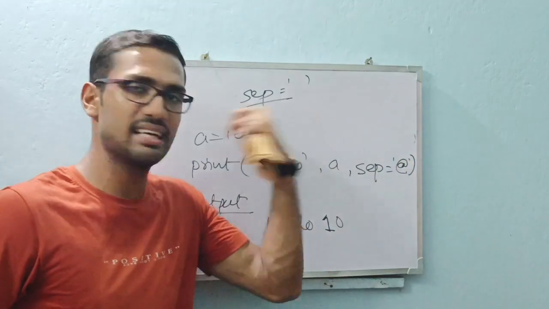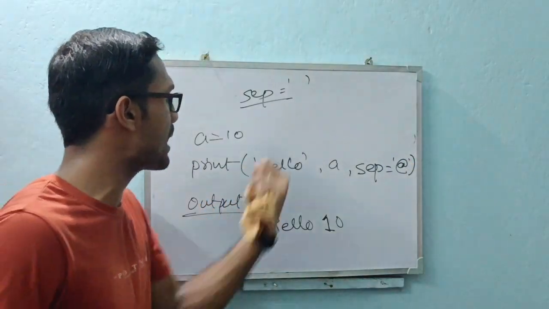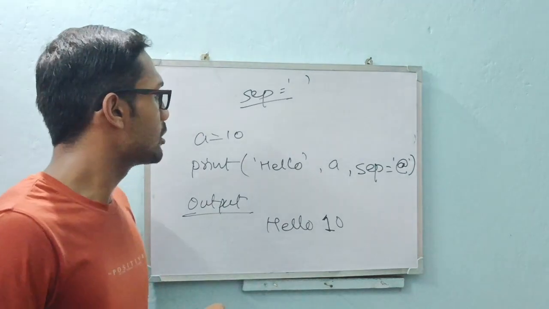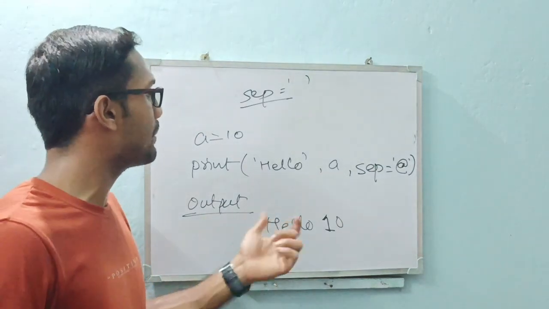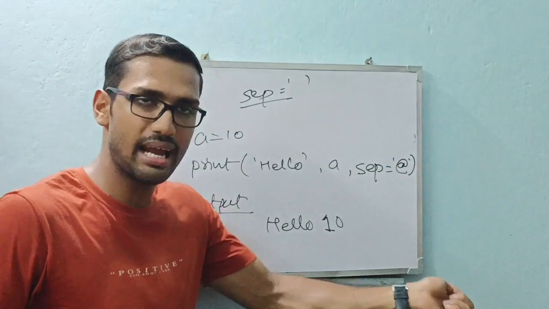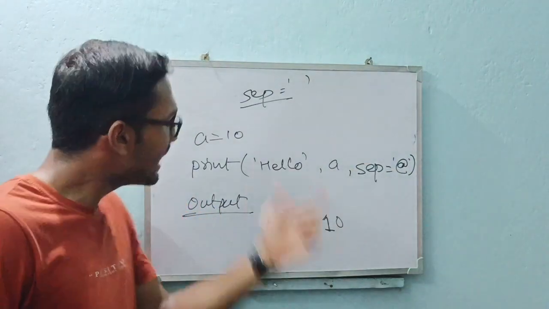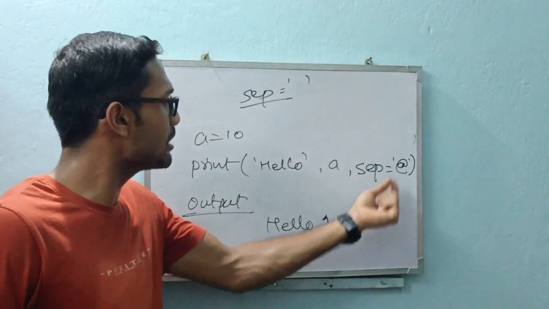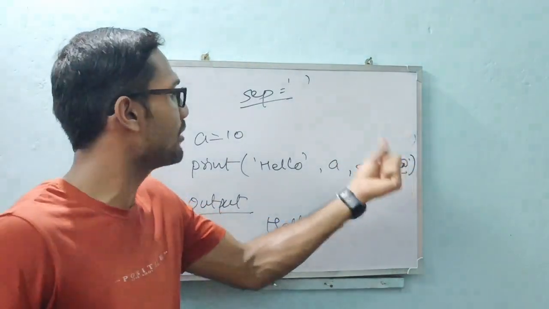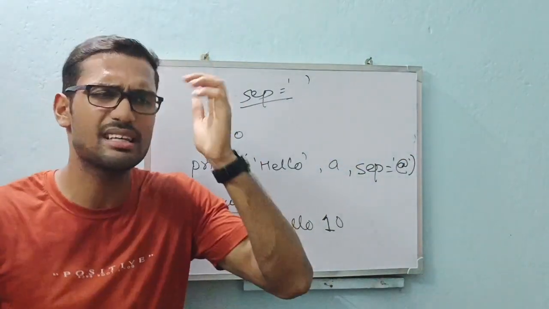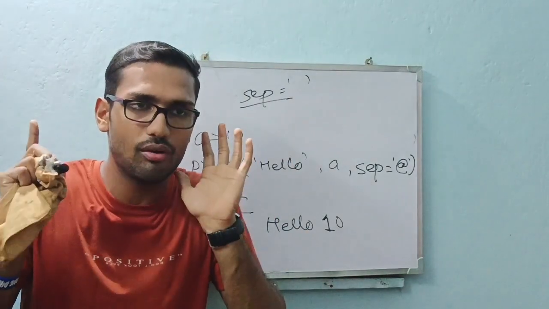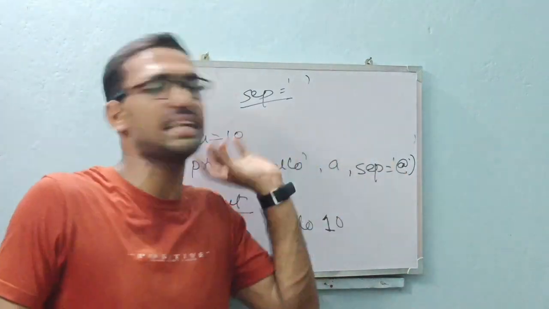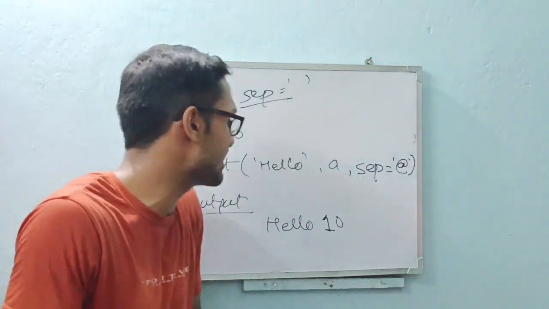You need to pass the character with which you want to separate the first parameter from the second parameter, or any number of parameters. So if you want to separate all the parameters with the special character @, then you need to pass sep as the keyword argument equals to the special character within quotes. It can be anything. You can pass a number or whatever you want. But the point is, whatever you pass, you need to pass within quotes. I hope this much is clear to you.